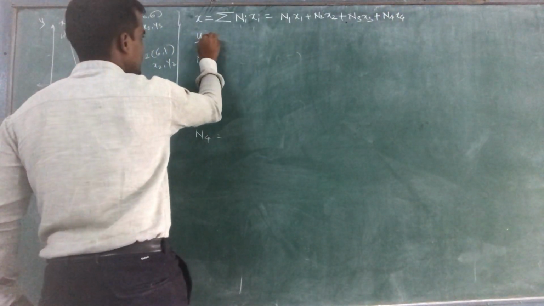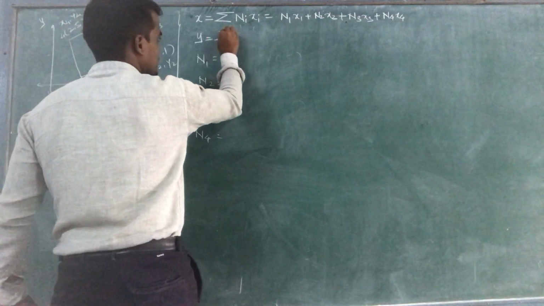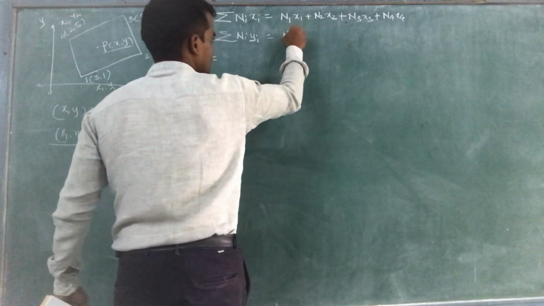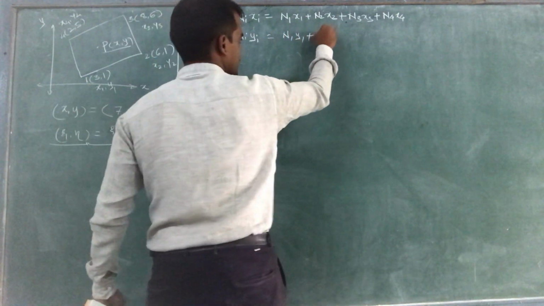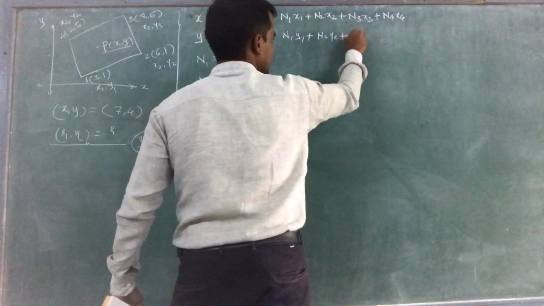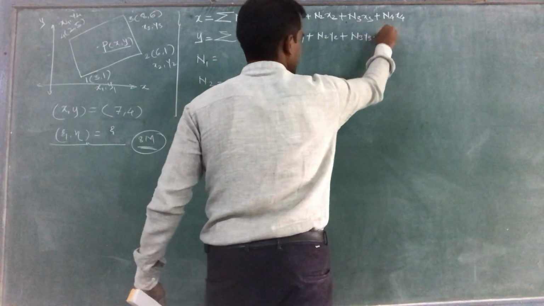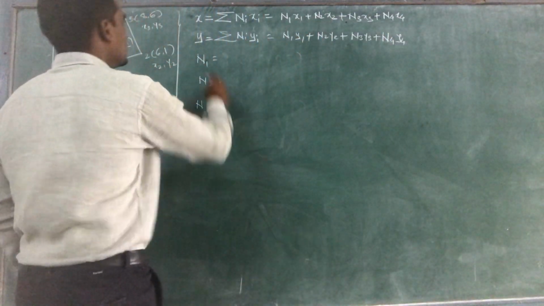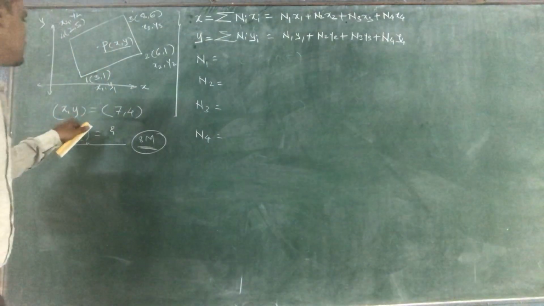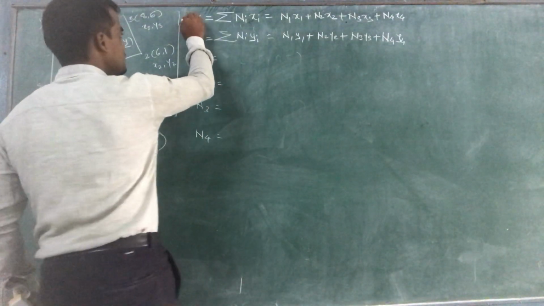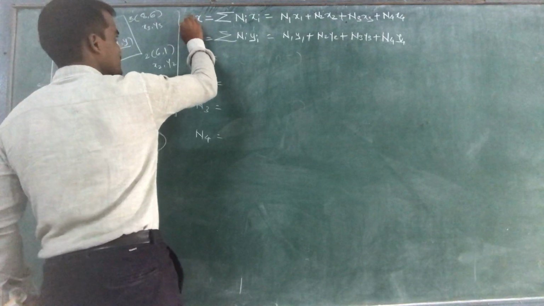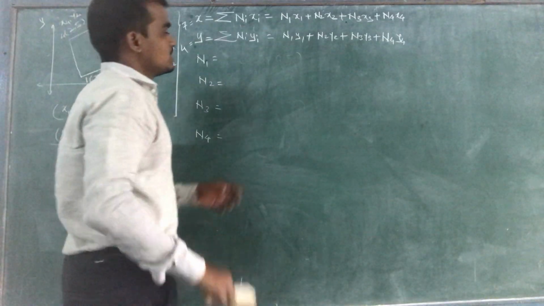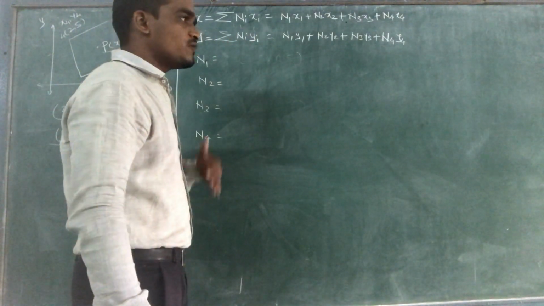Similarly, y can be written as summation of N_i y_i, which is equal to N1 y1 plus N2 y2 plus N3 y3 plus N4 y4. Here the x and y values are given, x is equal to 7 and y is equal to 4, and we need to find the zeta and eta values.